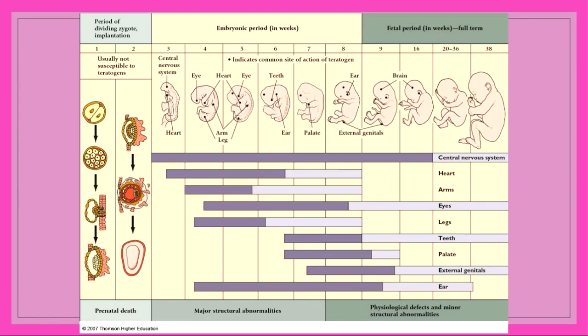Right here, you can see that there's going to be major structural abnormalities if a teratogen is used really before the 8th week. So if you're drinking during the first few weeks, you're going to have major structural abnormalities here. So you can look at that chart and kind of see there.